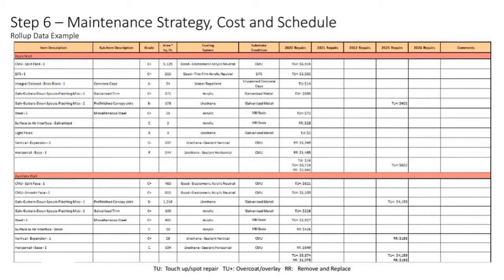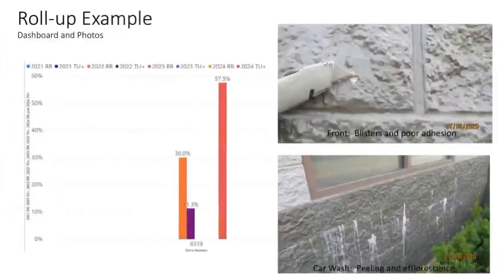And then the future value cost of maintenance and the maintenance strategy is shown under the appropriate year. So for this facility, maintenance is recommended in year 2020 and 2023, and then the future value cost of that maintenance work for each year.